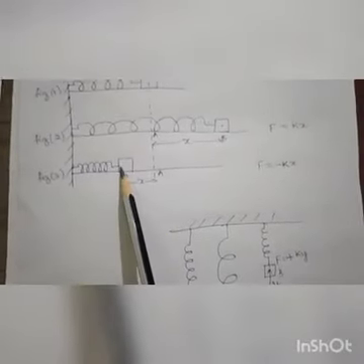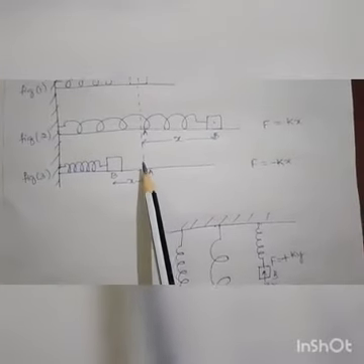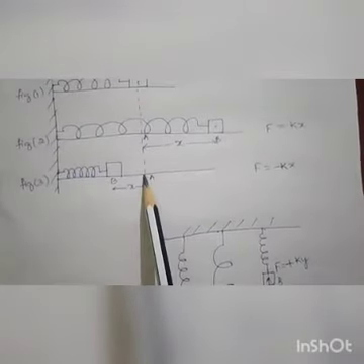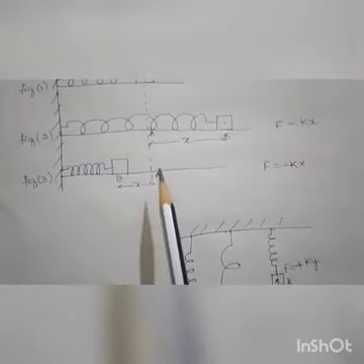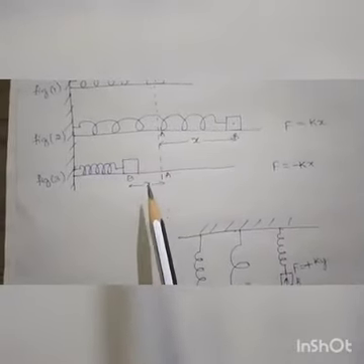If the spring is compressed, it moves to the left of the origin, the mean position A, and the displacement is taken as negative. Hence, for a stretched spring it is positive Kx, and for a compressed spring it is minus Kx. Then we have to find the potential energy.